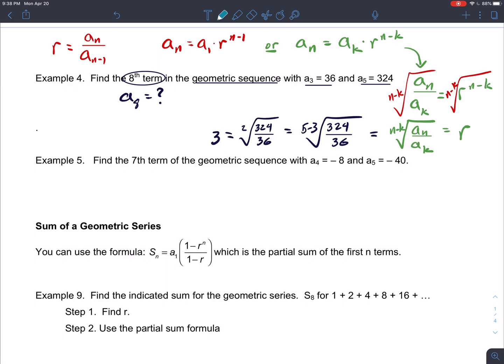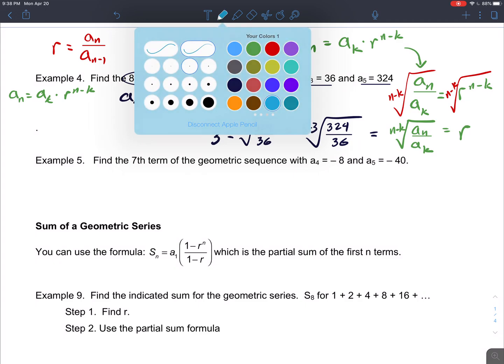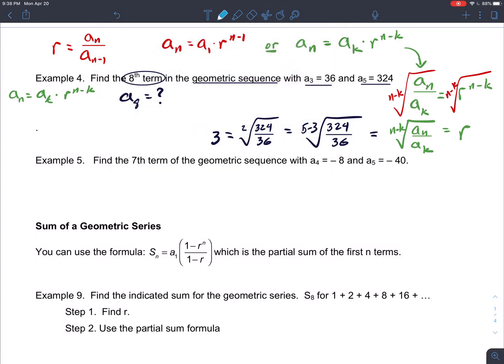I'll rewrite it over here. If I take my formula a sub n equals a sub k times r to the n minus k and start plugging into that, then a sub n is 324, a sub k is 36, r I don't know, but I do know that n is 5 and k is 3.